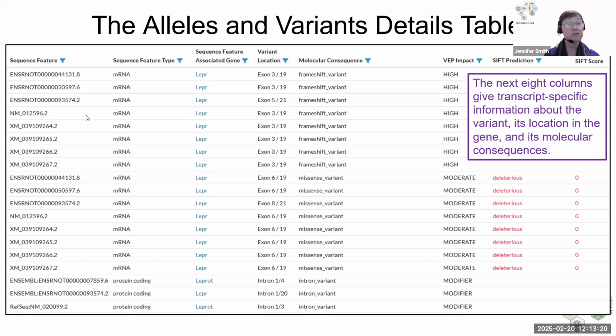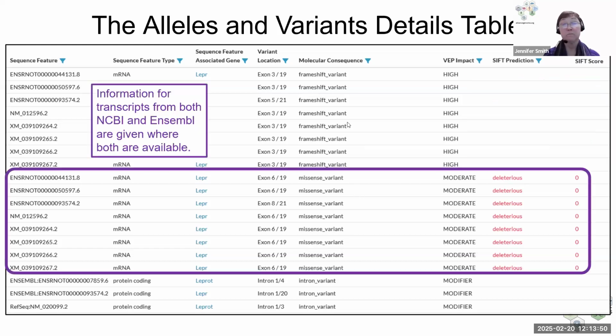So these are the transcripts for the LEPR gene in rat. And so these columns give information about, for instance, the location of the variant. In this case, the variant is located in exon 3 out of the 19 exons that exist in this transcript. And then also molecular consequences. So this variant is a frame shift. This variant down here is a missense variant.